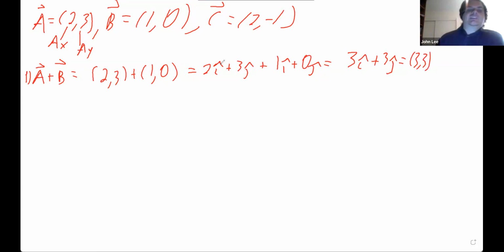So just break it down into i and j components, add them together.